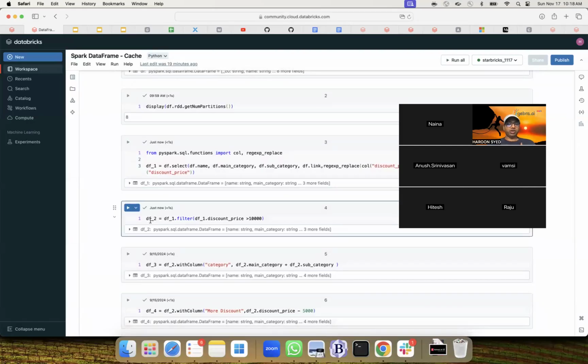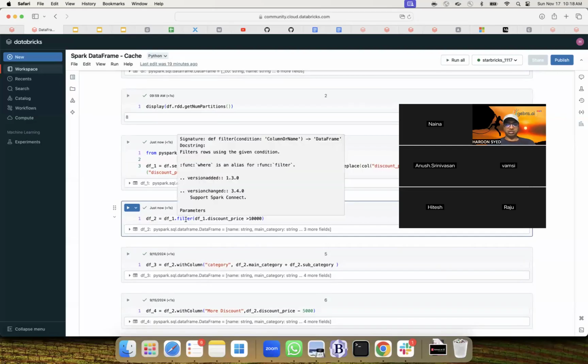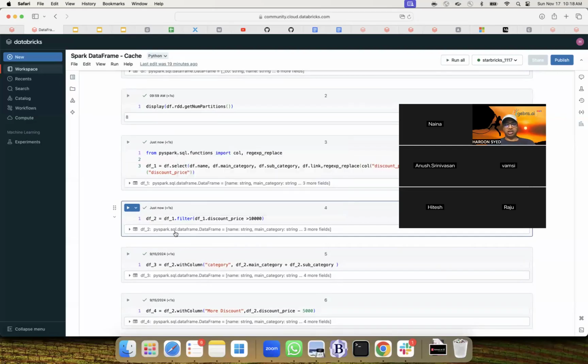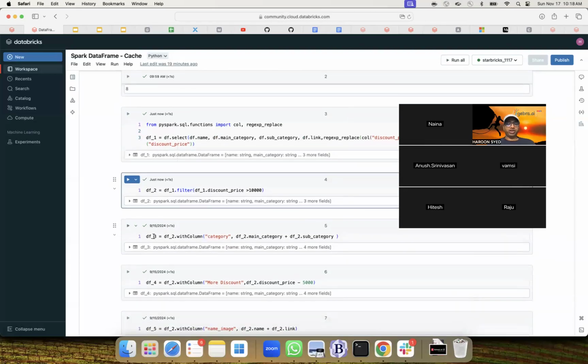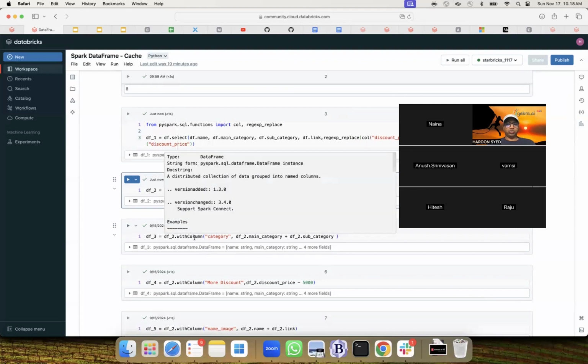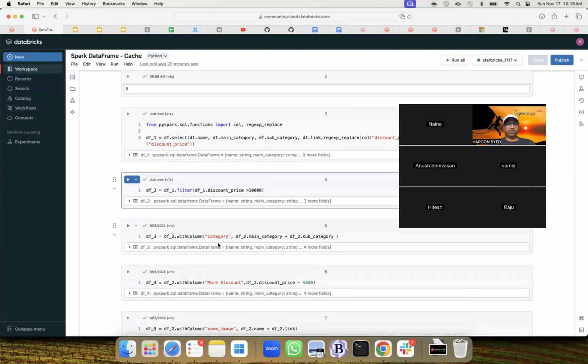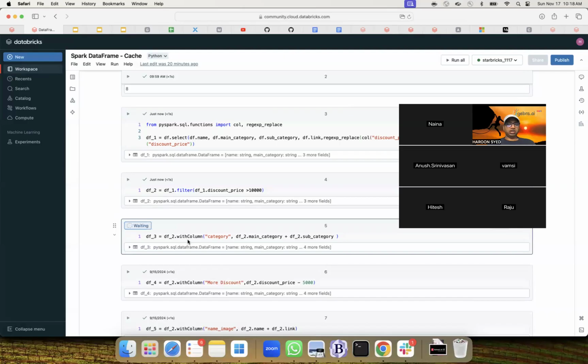So next I'm creating another data frame df2, which I'm deriving from df1. Again, filter is a transformation, so there is no execution here. Now I'm creating df3, which is dependent on df2, adding a new column from df2 with category, main category and subcategory.